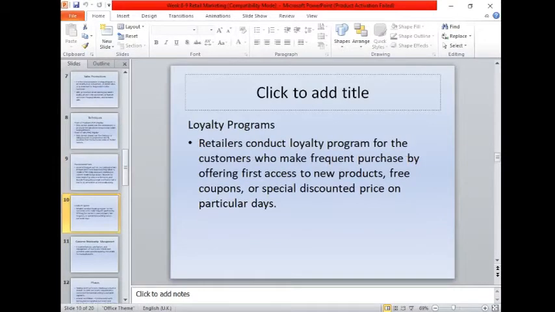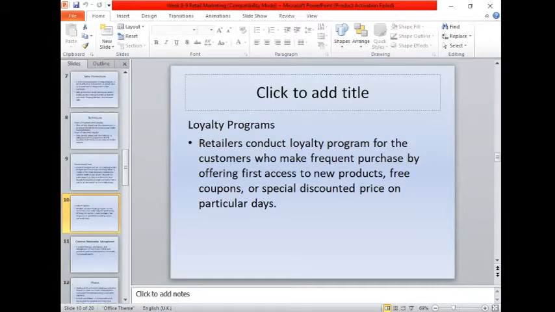And even the loyalty programs. The loyalty programs talk about membership cards used to earn points, because these membership cards or loyalty programs are a way of not just a sales promotion but customer relationship, by which the retail store identifies who the valued customers are who often go to the shop.